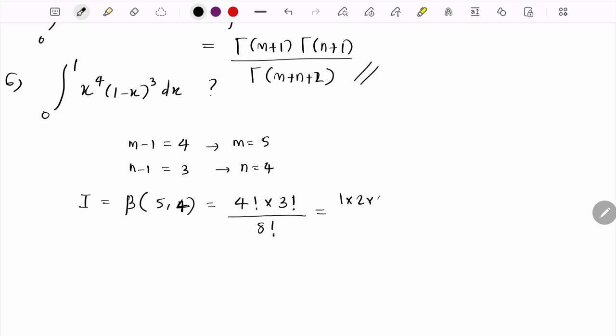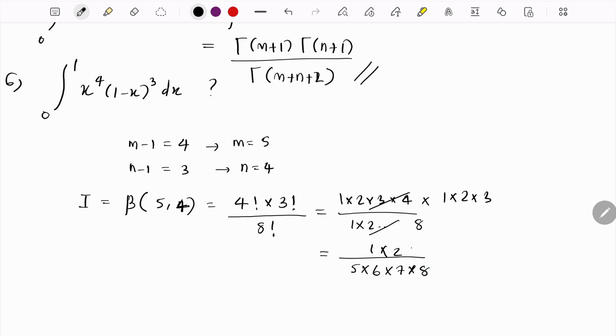This is equal to 1 into 2 into 3 into 4 divided by 1 into 2 into and so on. Up to 4 will cancel, and into 1 into 2 into 3. So remaining in the denominator there is 5 into 6 into 7 into 8, that is 8 factorial, into 1 into 2 into 3.